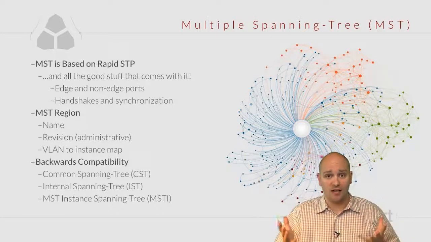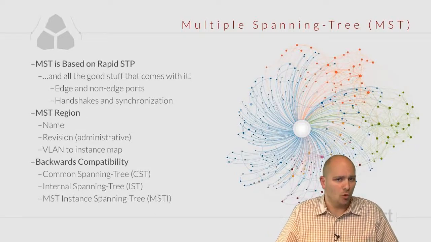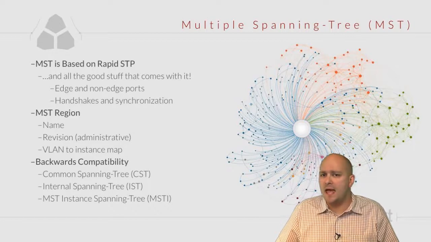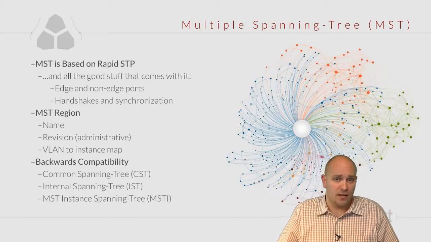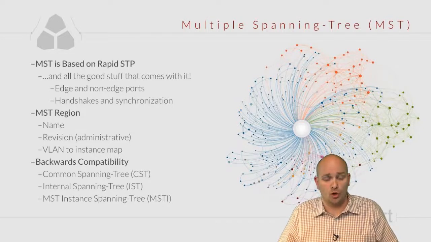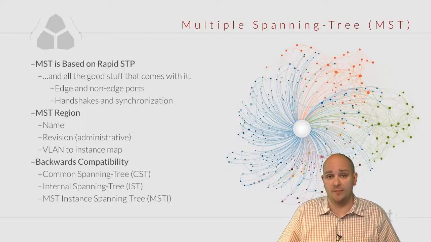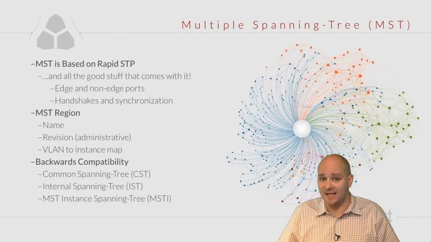Now, that whole entire network is something that the MST calls the common spanning tree, or the CST. Inside the MST region, there is an operation of the spanning tree which is invisible to the world outside of that particular MST region, which is called the internal spanning tree, or the IST.